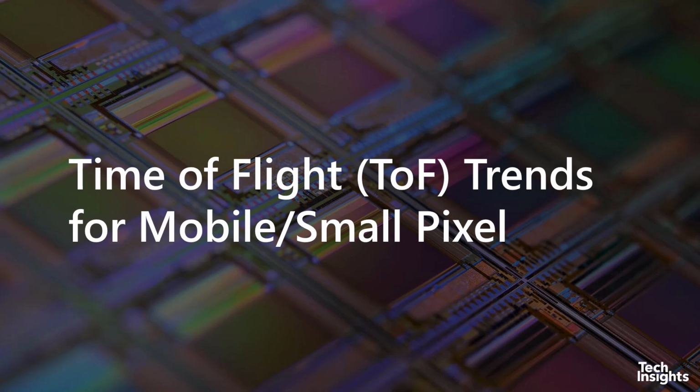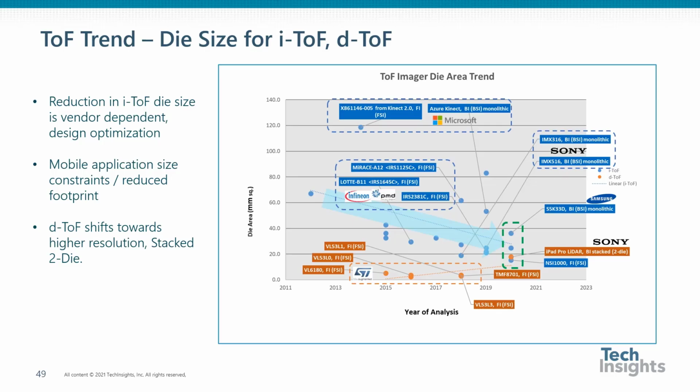Now we look at time-of-flight trends for mobile small pixel. First, we look at die size trend for TOF sensors. This graph gives die size as a function of year of analysis for the combined iToF and dToF sensors that we've looked at. iToF sensors are shown in blue, and the dToF direct time-of-flight sensors are shown in brown over here.